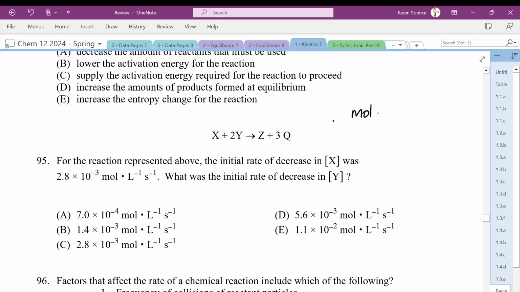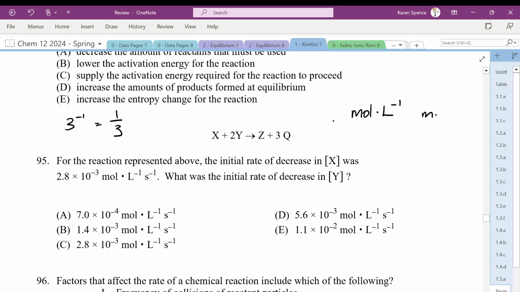When it says mole liter -1, do you guys know what that means? It means moles over liters, because if you had 3 to the -1, that would be 1/3, yes? So if you have liter to the -1, that is 1/liter.